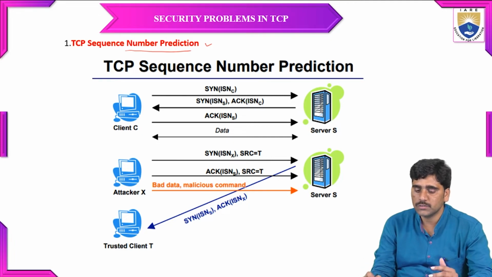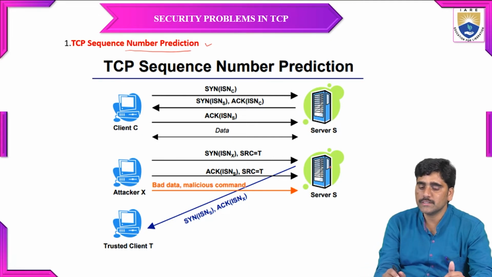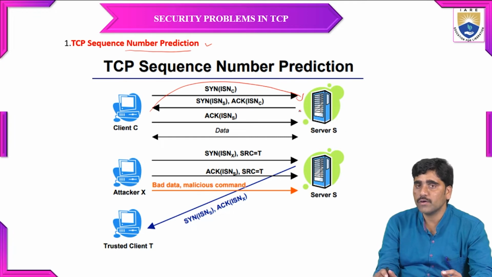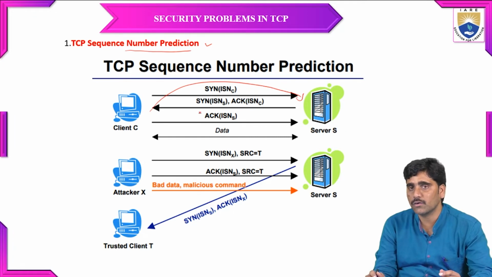In general, the communication between the client and the server follows this format. The first step: the client sends a synchronous request to the server. Now the server gives an acknowledgement for the synchronous request.